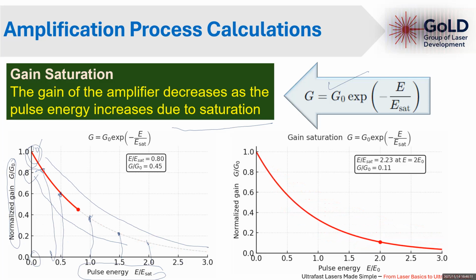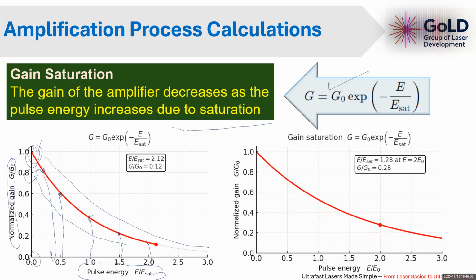So when the gain is maximum, the pulse energy is reduced because of the gain saturation.